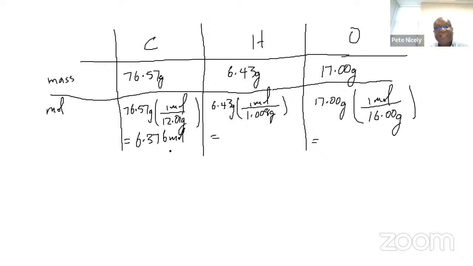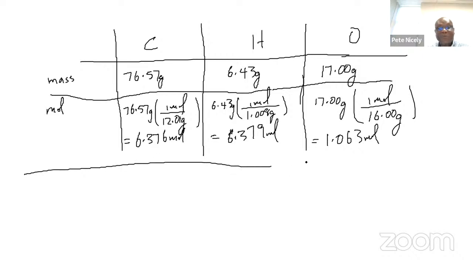And according to my calculation, this works out to be equal to 6.379 moles. And then in the case of oxygen, it's 17 divided by 16. And that gives, according to my calculations, 1.0, how many sig fig? 4 sig fig. So that's 1.063 moles.